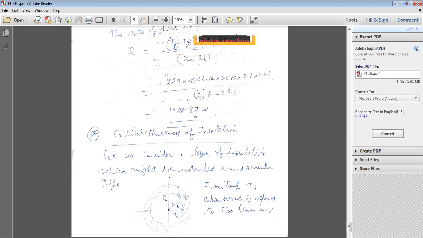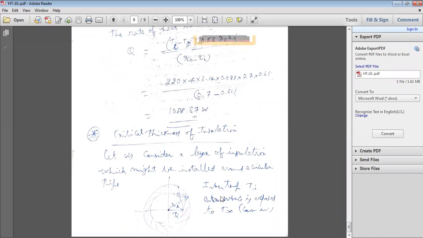So for that, you have to calculate the critical thickness of insulation. How much thickness of insulation is to be added on the outer surface of the steel pipe to minimize the heat transfer rate or to maximize the heat transfer rate? What is the thickness of insulating material that is to be added? For this, you have to consider a layer of insulation which might be installed around a circular pipe.